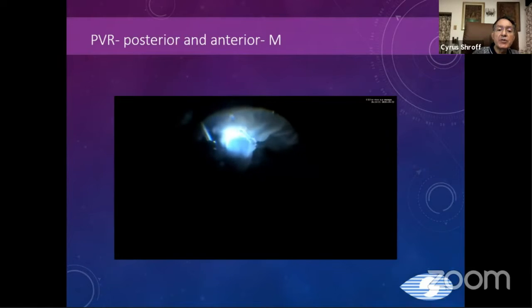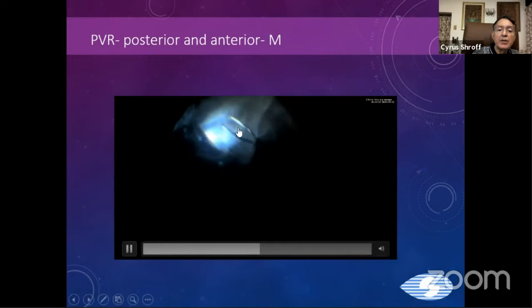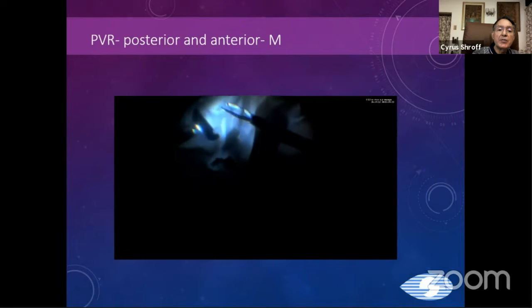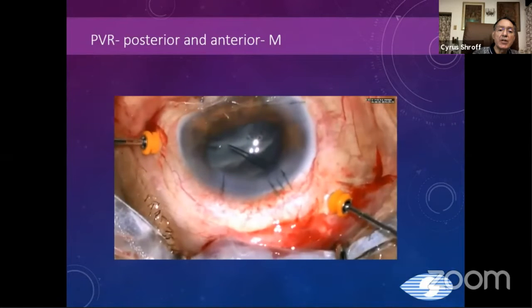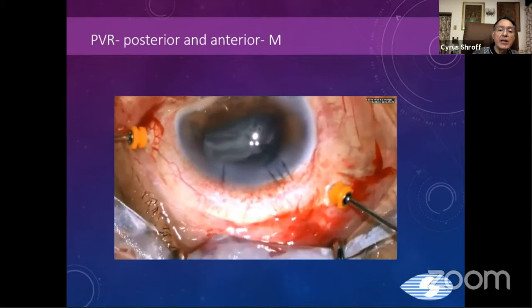Having tackled the posterior traction, now you see that there is an anterior loop here, and we are trying to relieve that so that the retina settles well, and we especially don't get any recurrences in the late stage, especially after silicone oil removal. Here we see it's a very anterior pathology.